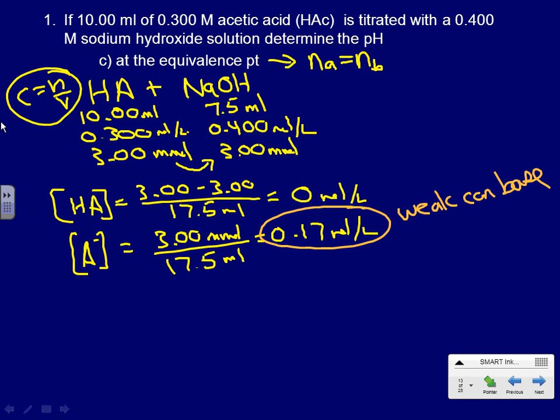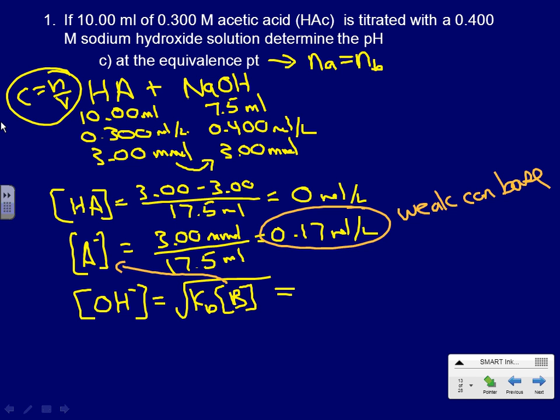And therefore, I need my base equation in order to calculate the pH. I need my weak conjugate base equation, because it's a weak base, and I'm going to use that equation, Kb. Again, that's equal to the Kb times the weak base. Take the square root. This weak base, by the way, folks, is this conjugate base right there.